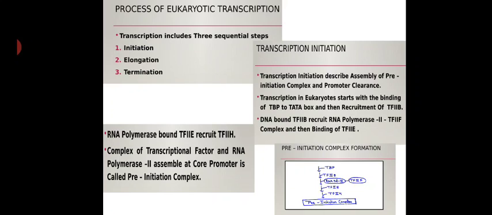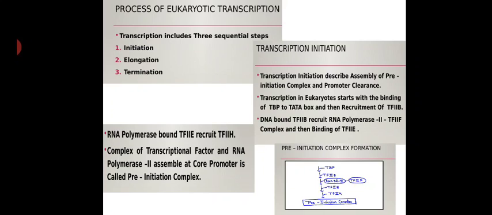Transcription in eukaryotes starts with the binding of TBP, that is TATA box binding protein, to the TATA box, and then recruitment of transcription factor 2B. After that there is recruitment of the RNA polymerase 2 and transcription factor 2F complex, and this is stabilized by transcription factor 2A, and after that there is binding of transcription factor 2E.